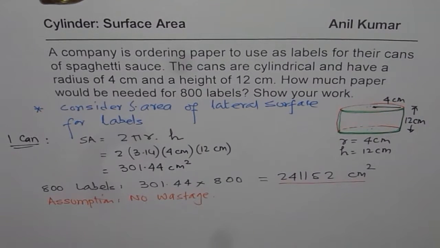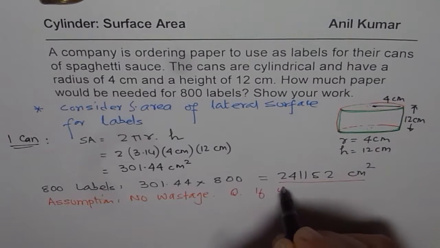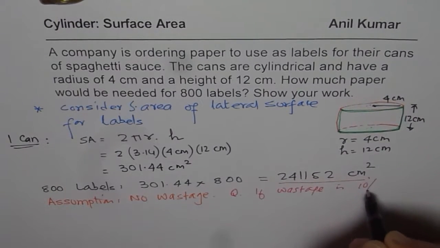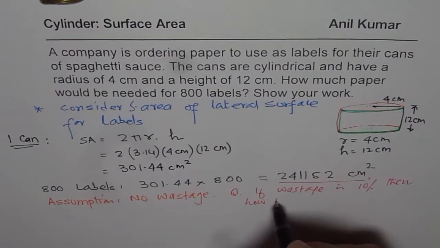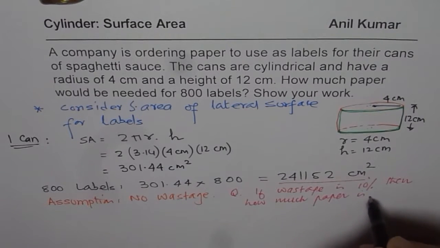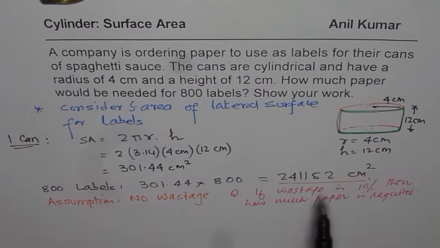Now the question for you is, if wastage is 10%, then how much paper is required? If wastage is 10%, in that case we have to add 10% of this value to find the paper required. Correct.